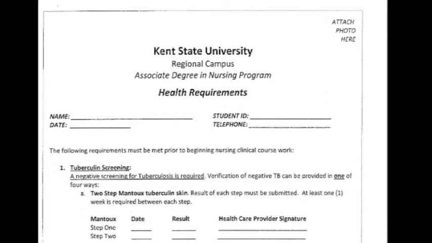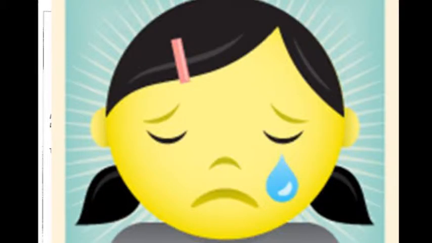Fourth trip, 2 to 3 days after the third trip. No bump, good. If you mess up the timing between the testing, the second test can be administered up to 3 weeks later. If it's more than 3 weeks, then you have to start the 2-step all over.